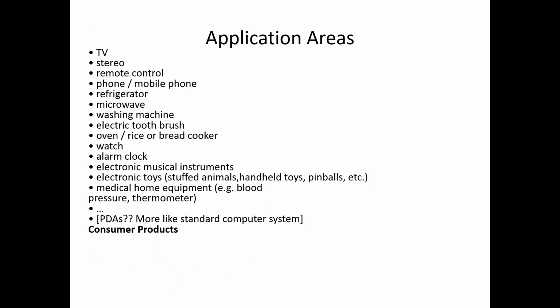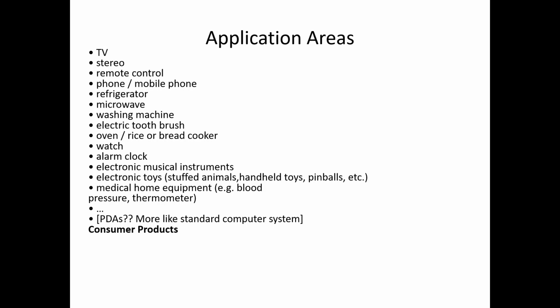Stereo. They manage audio processing, equalization, user interface, and connectivity options like Bluetooth and Wi-Fi. Remote control. Embedded systems handle signal transmission, button inputs, and sometimes voice recognition for controlling other devices.